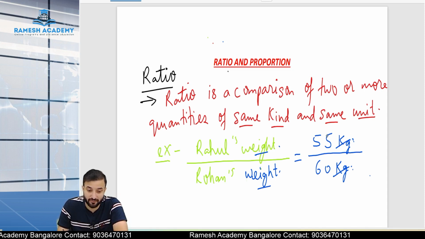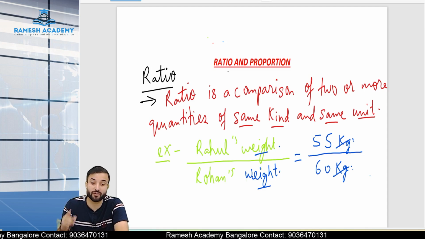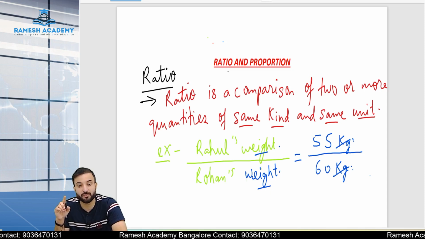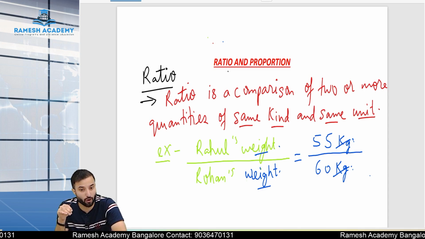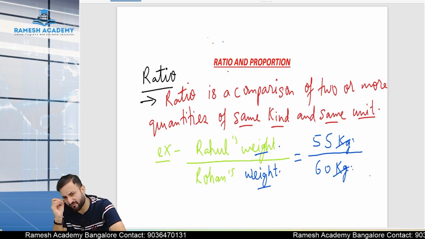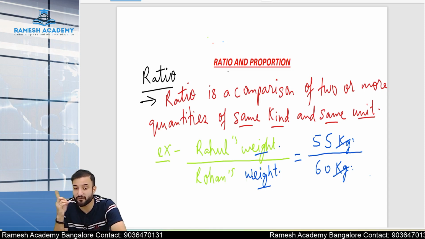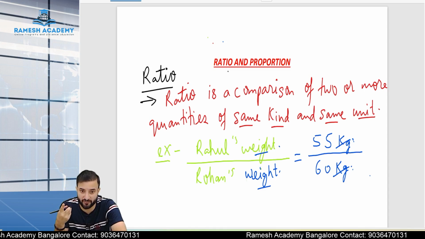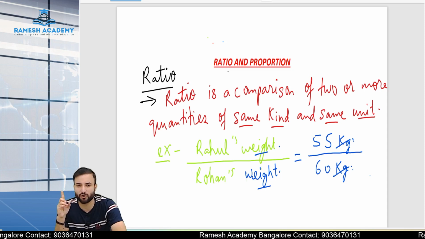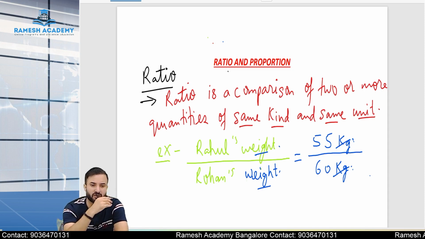And a very important thing in ratio: every time we have to write the ratio in simplified form, the simplest form, but you have to check the options. If in the option it is 55/60, we will tick 55/60. But if in the option it is in simplified form, we have to convert into simplified form. We take out the common factors.